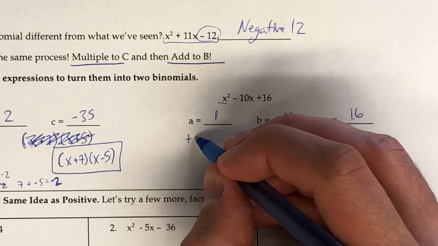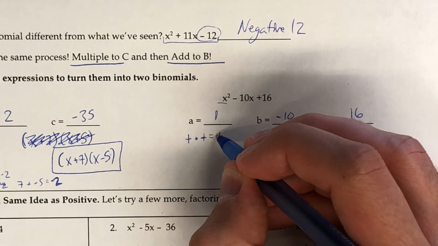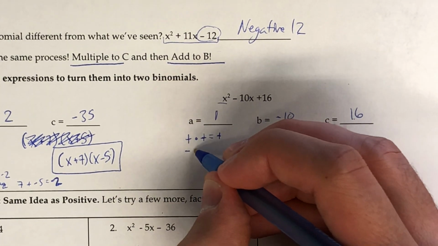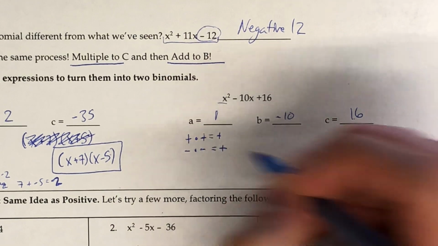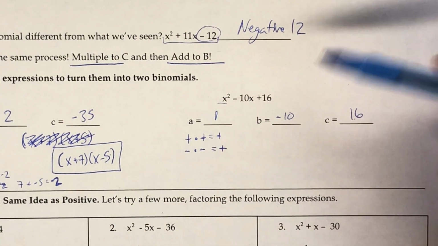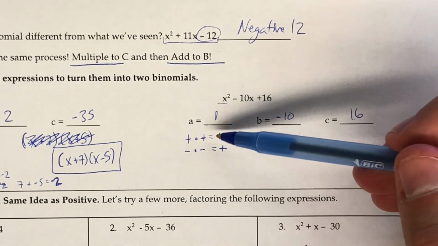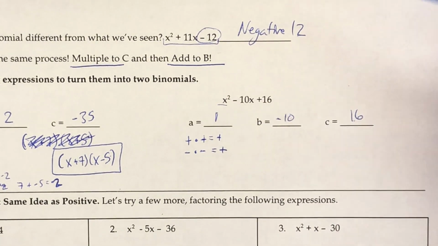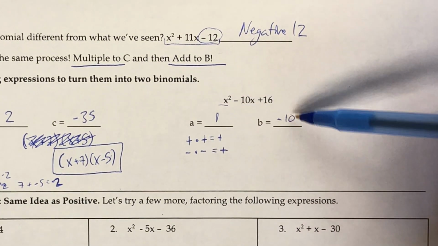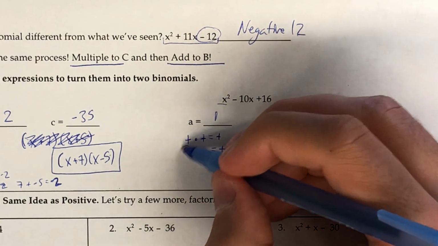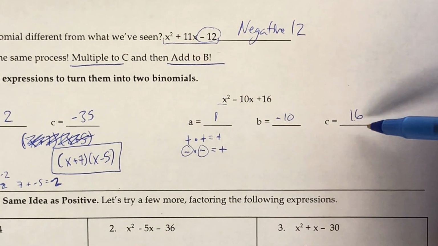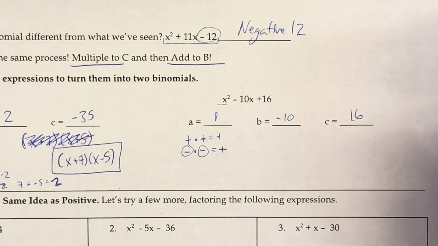Well, a positive times a positive is positive, and a negative times a negative is positive. However, a positive plus a positive would give us a positive b. A negative plus negative would give us a negative b. So we need two negative numbers to multiply to 16 and add to negative 10.